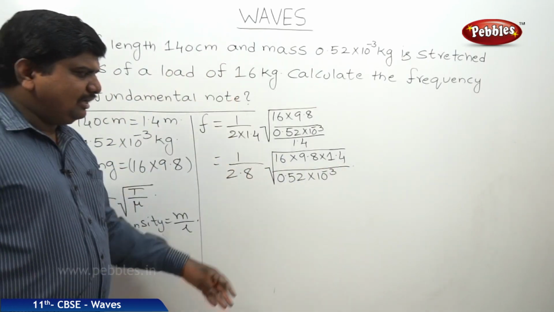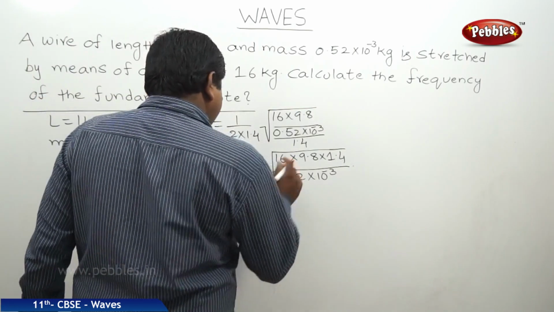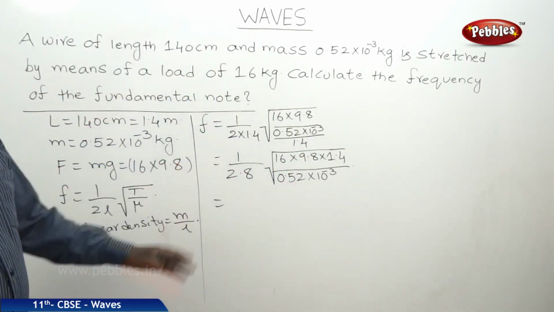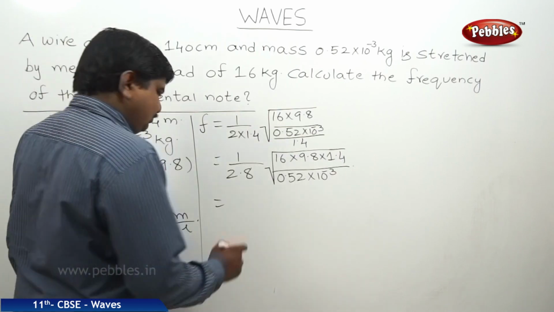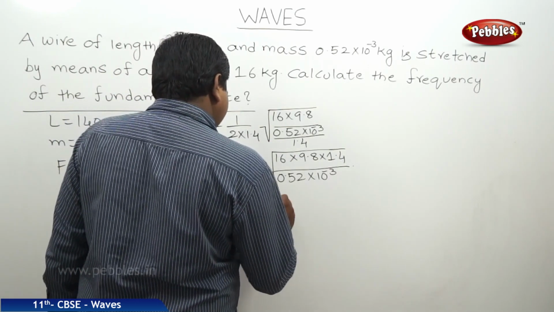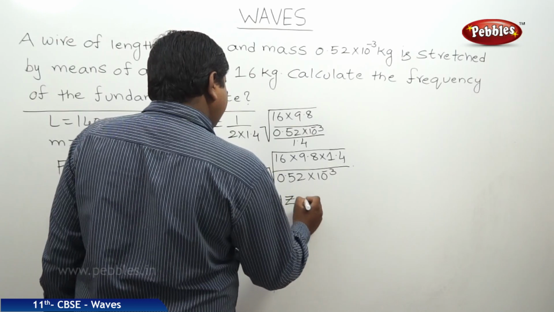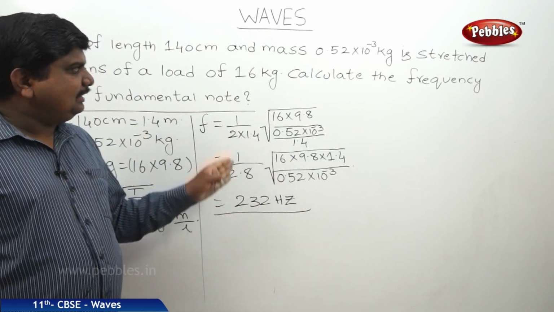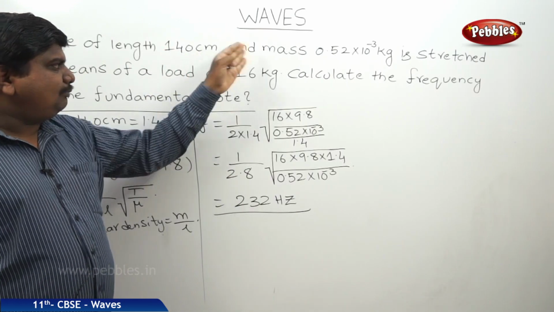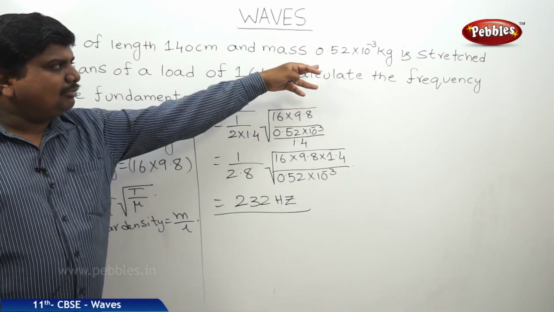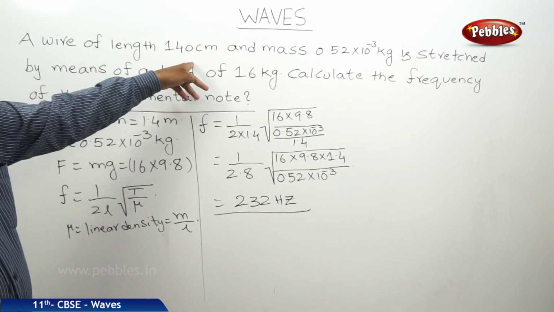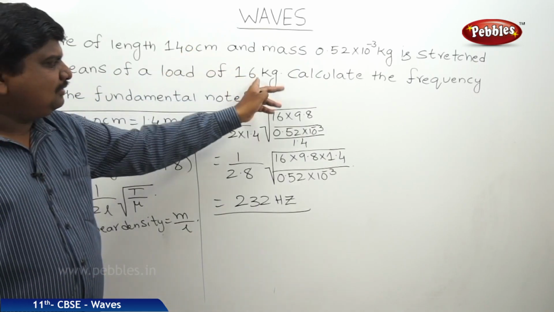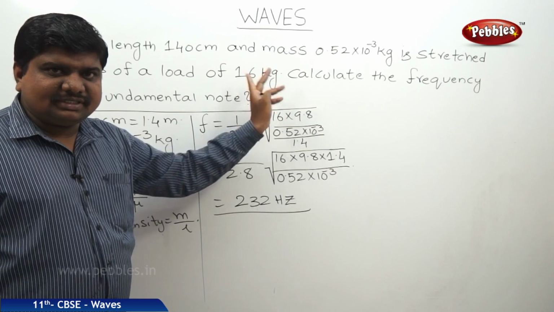So if you simplify all the values under the square root and multiply with 1 by 2.8, we will get 232 Hz. This 232 Hz is the fundamental frequency of the given wire of mass 0.52 into 10 to the power of minus 3 kg and of length 140 centimeter under the force of 16 into 9.8 newtons.